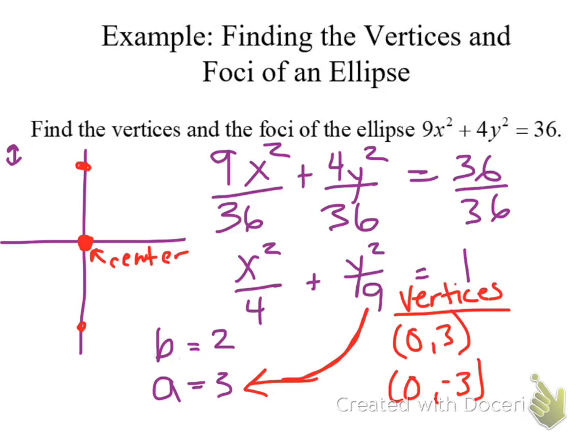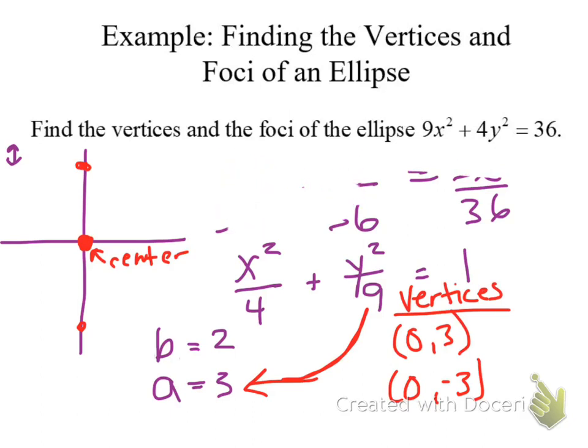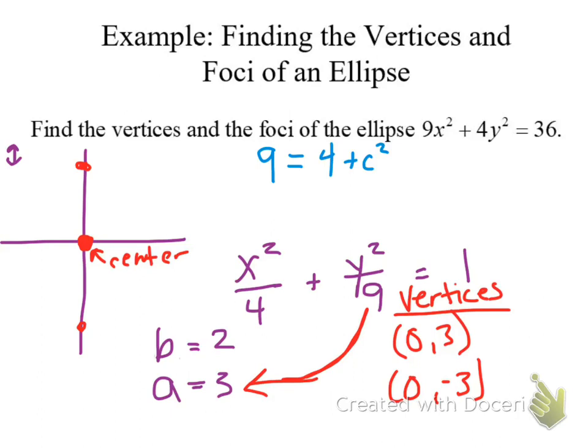Okay, so now I'm running out of space. So I'm going to erase some of this stuff above so I can still write stuff. So I still need to go find c. And remember, a is the hypotenuse from those formulas I gave you. And so because a is the hypotenuse, I'm going to have 9 equals 4 plus c squared.